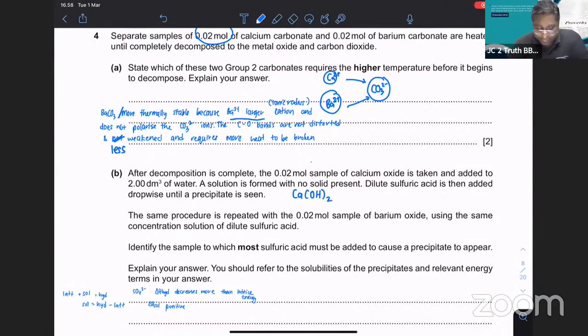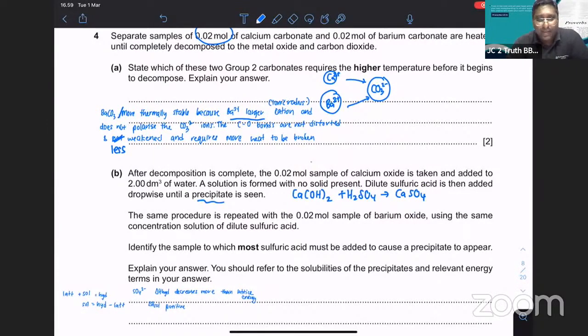Dilute sulfuric acid is then added dropwise until a precipitate is seen. So if you have H2SO4, you are going to see calcium sulfate. So the precipitate they are talking about is most likely calcium sulfate.